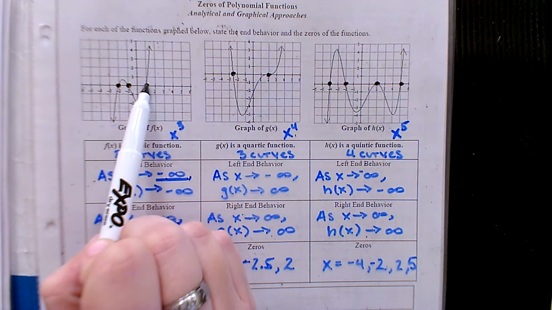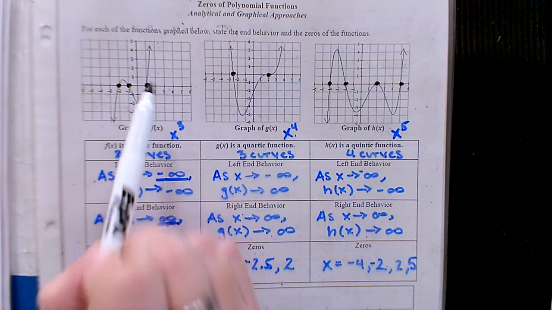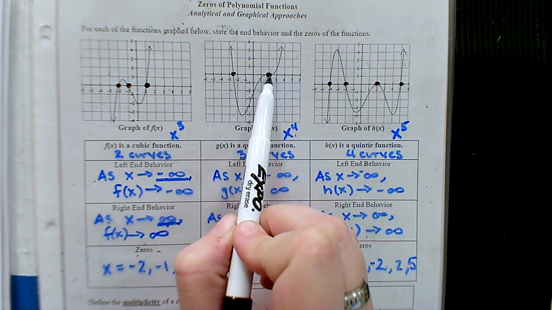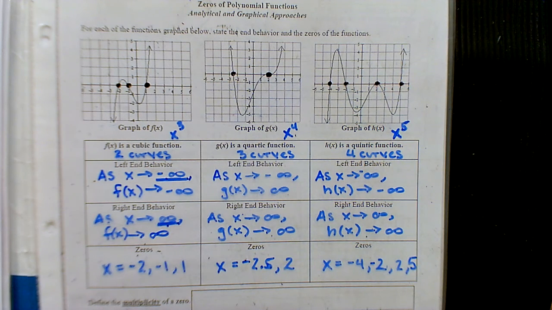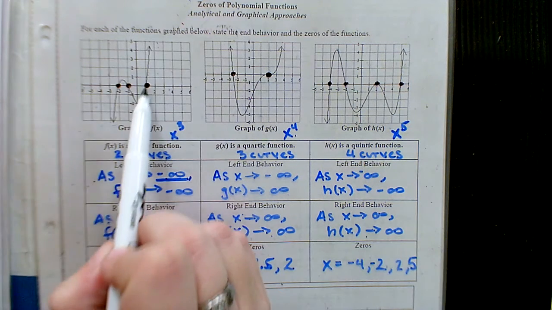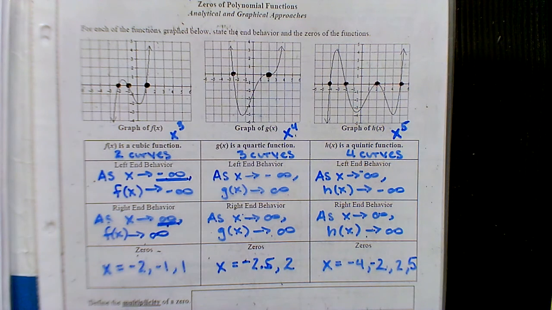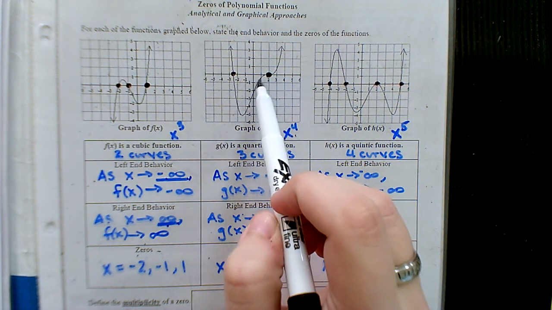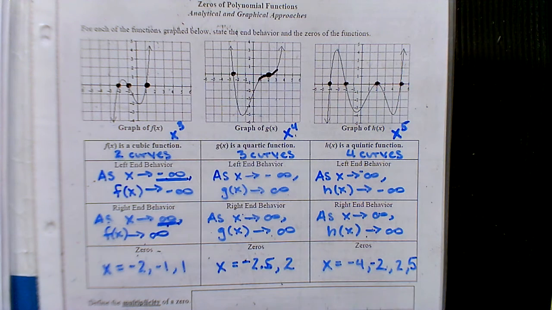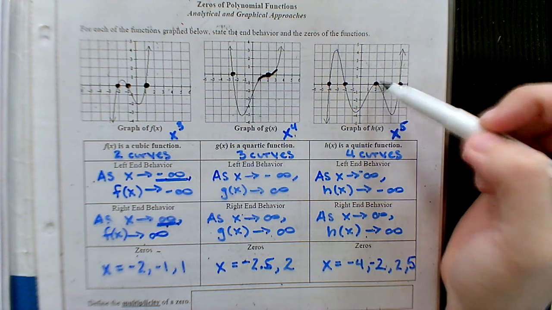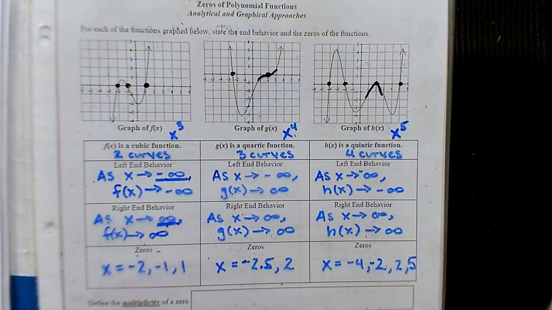Notice how the x-intercept at this point is different than the x-intercept at this one. Do you see how at this one the graph goes straight through it, like it strikes through that point? Whereas here it levels off at that point. Whereas at this one, it's not even going through the x-axis, it's just touching it. Do you see those three different types of x-intercepts we can have?